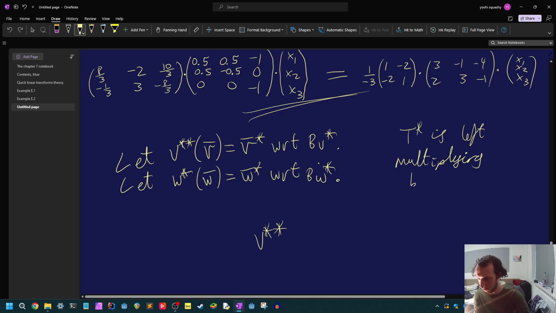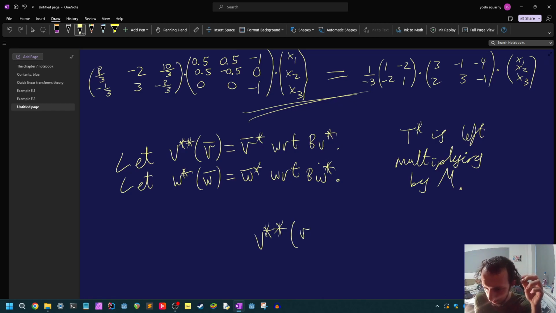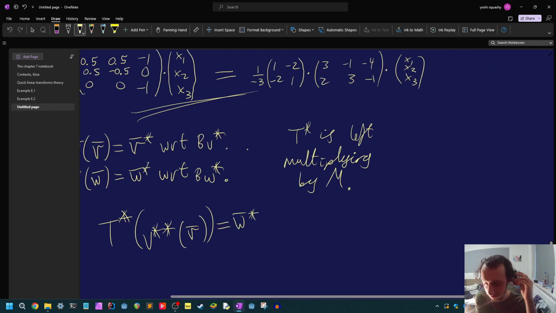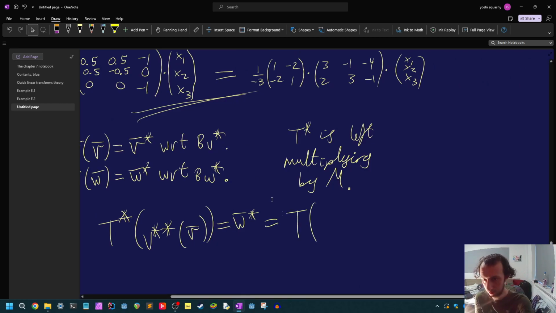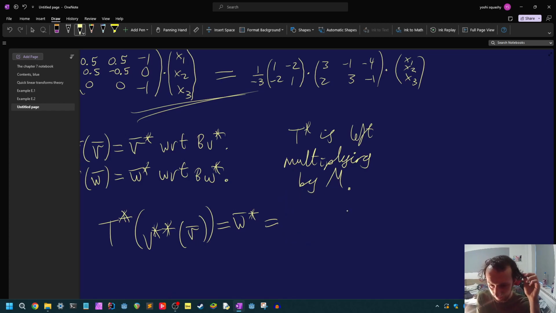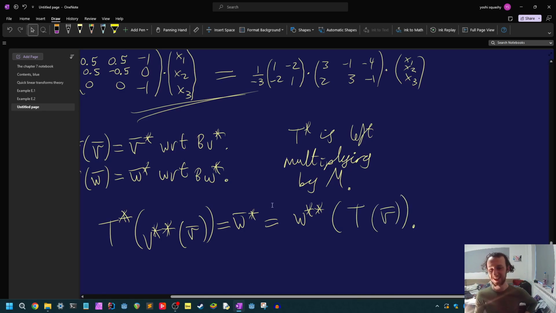Left multiplying by M. So V double star of V and then T star equals, as we discussed, W star, which we're saying is equivalent to regular T. So it's saying apply W double star to regular T of V. So that's the process we've just done.